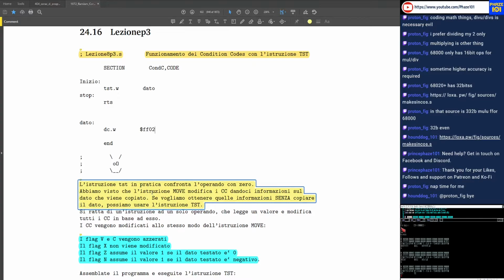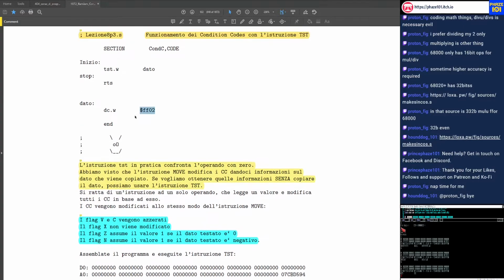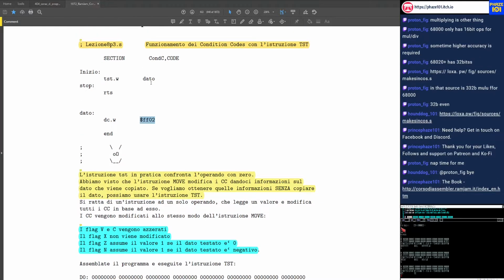TST tests for the value 0 in our code. As you can tell, we do not have 0 in data, so when we run the program, it will not be flagged.